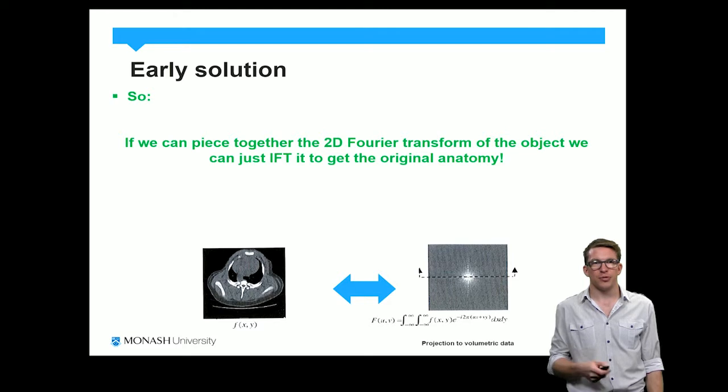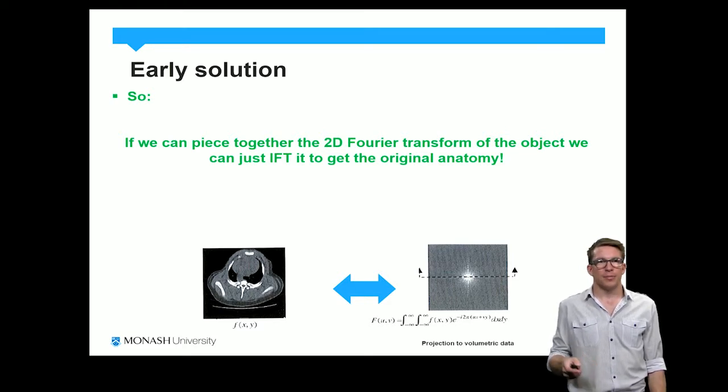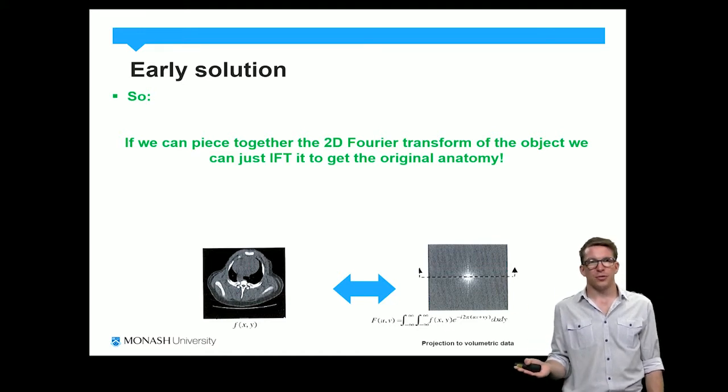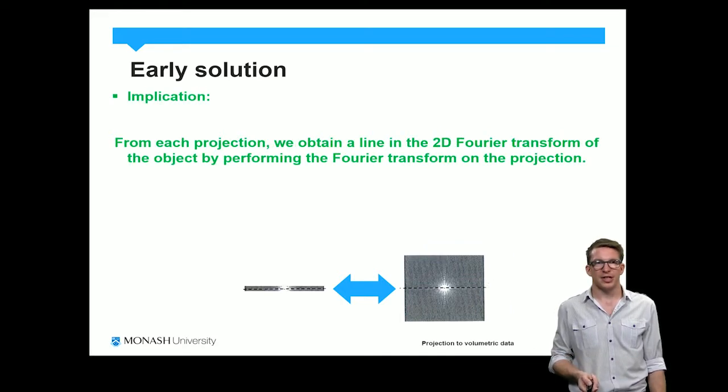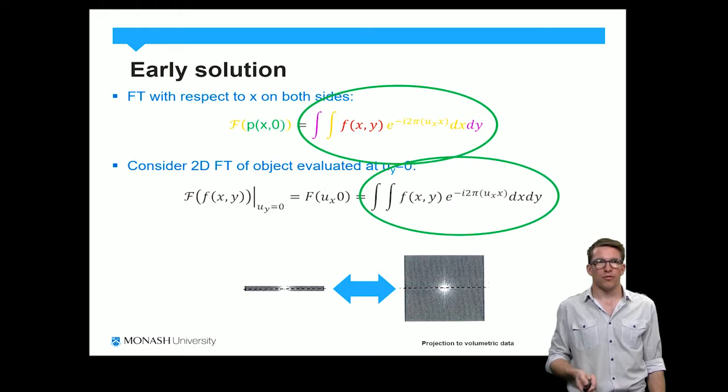So here we can see we've proved mathematically that we can, by applying the Fourier slice theorem and collecting our projection data at each angle, taking the Fourier transform of each of those and laying them in a grid, we can end up with a two-dimensional Fourier transform, which we can then just invert to get back to our real image. And that's the proof of why the Fourier slice theorem works.